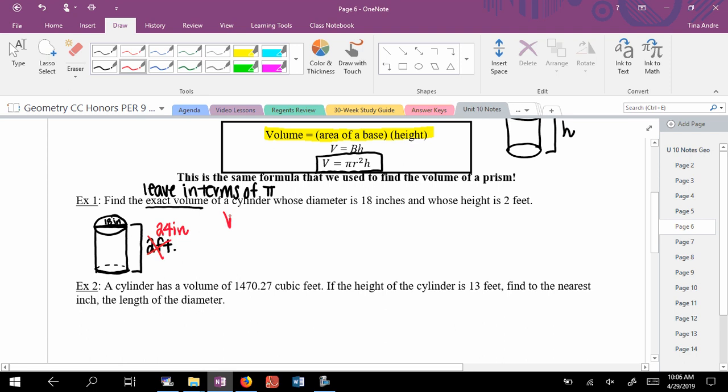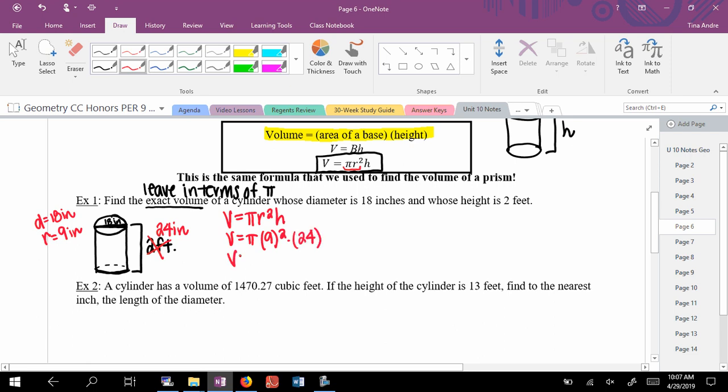When I write my formula, volume equals, I can write capital B times H, use the prism formula, and then just substitute in that circular base. But I'm going to go right ahead and write pi r squared times H, because that's the formula you're always going to use for cylinders. Then I'm going to plug in. I have pi. If the diameter is 18, that means the radius is really 9 inches, since it has to be half of the diameter. So now I'm going to plug in 9 squared times the height, which is 24.